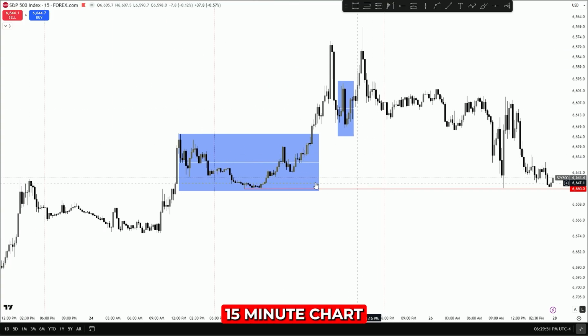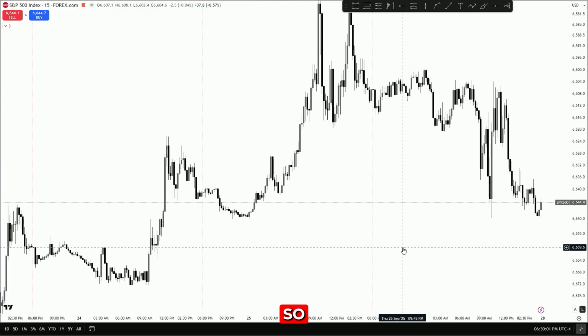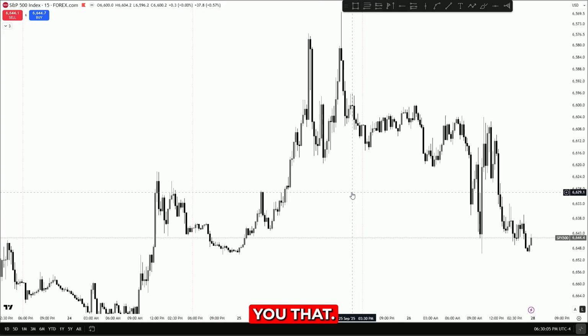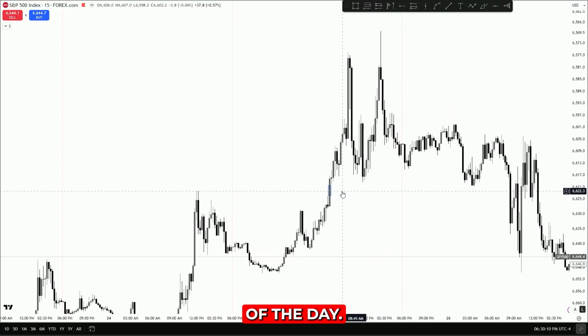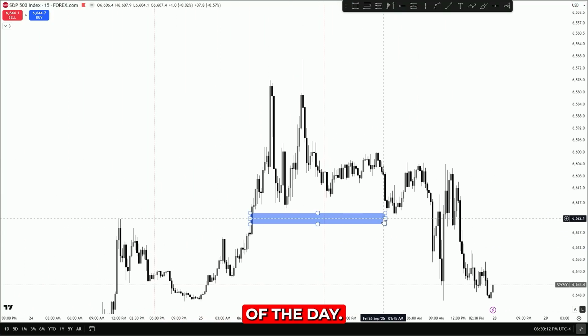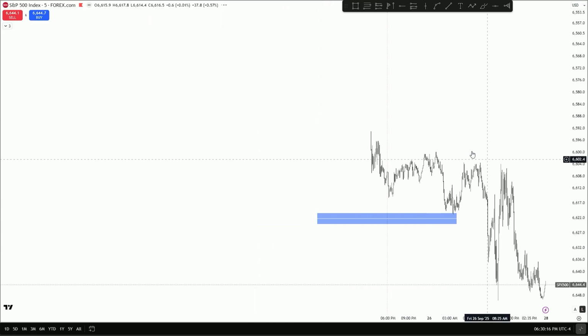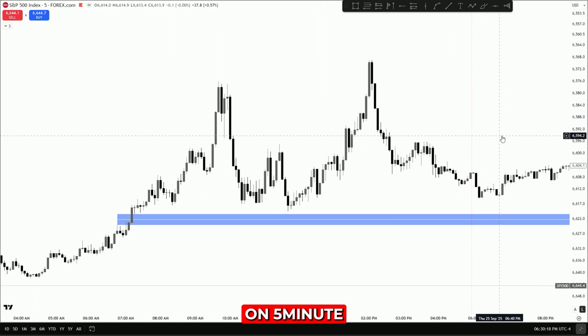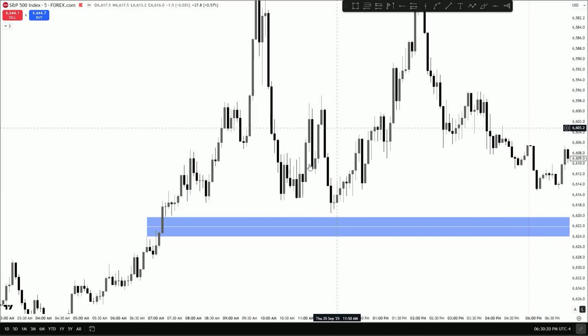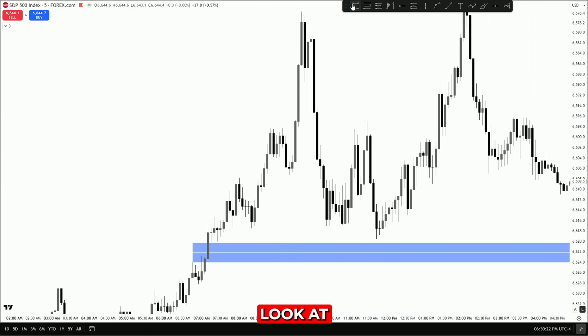Now this is a 15-minute chart and this is a whole day move. So how can you identify them on a smaller time frame? Let me just show you that. As you guys can see, we got this 15-minute FVG on the day. And let's move to some real examples. So on 5-minute, let's see. Just look at it.